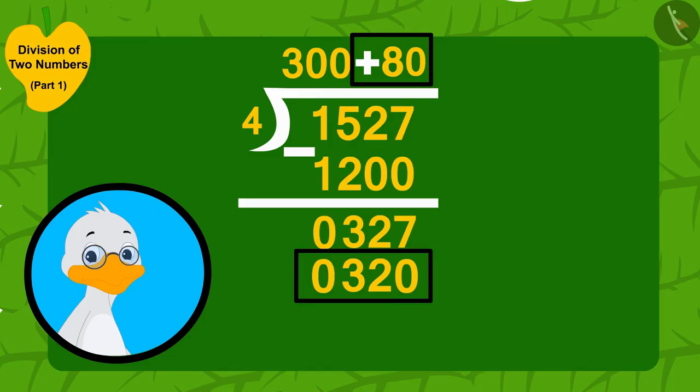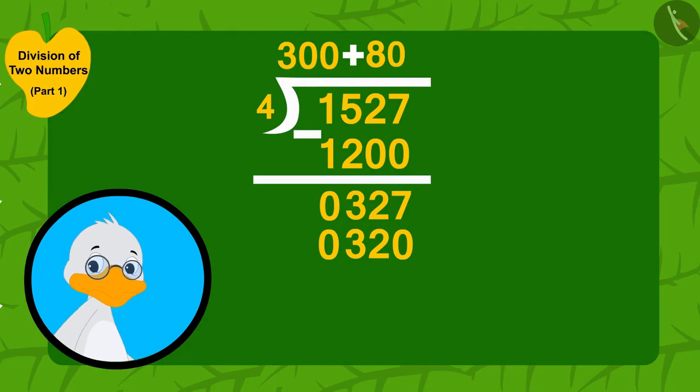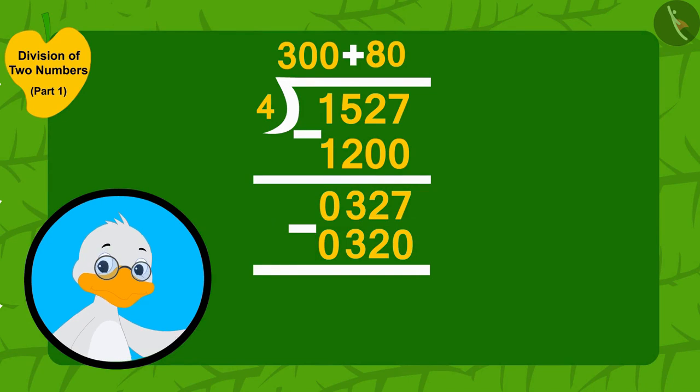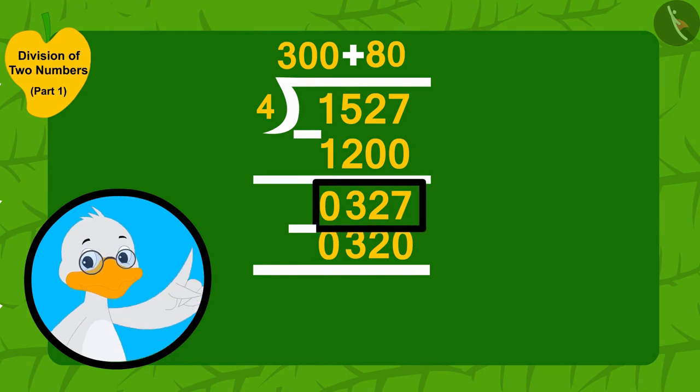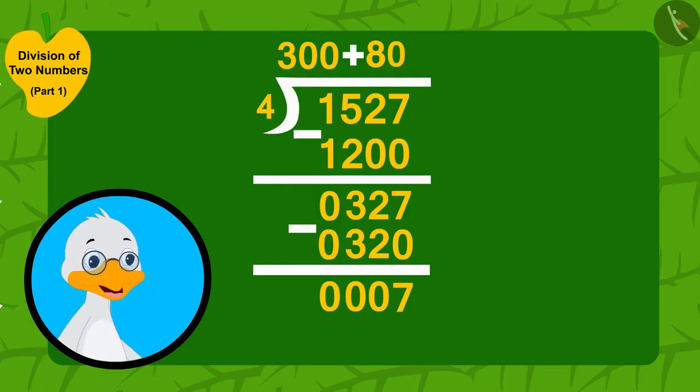Uncle wrote 80 here and wrote down 320 at the bottom. Now, Barbole uncle deducted 320 out of 327. Good! I will still have 7 mangoes left.